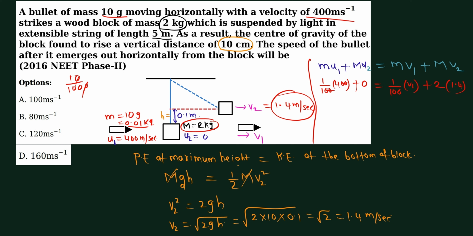Now you see here, 100 gets cancelled. This is 4 equals v1 by 100 plus 2 into 1.4. 2 into 1.4 is 2.8.